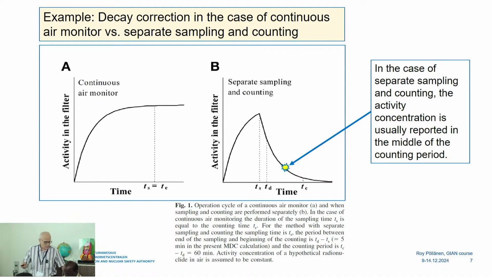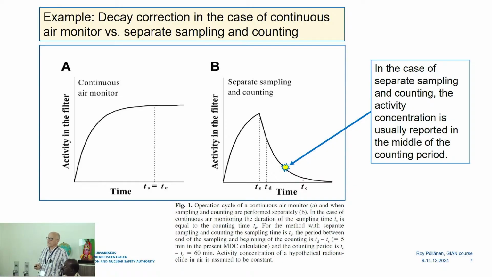Here is an example for air monitoring in the case of continuous sampling versus separate sampling and counting. In the case of nuclear power plants, they often use continuous air monitoring.